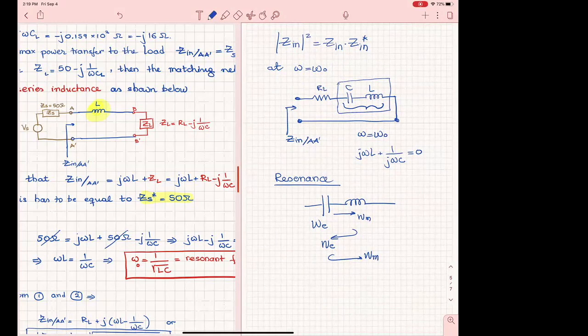And that's why we say it resonates. It resonates because if there are no losses in the capacitor or the inductor, that exchange of energy can keep going forever.